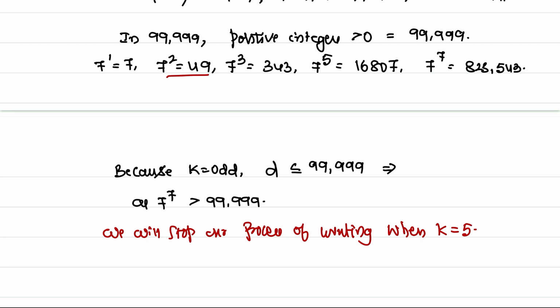Beyond that, not required, because 7 to the power of 7 is greater than 99,999.